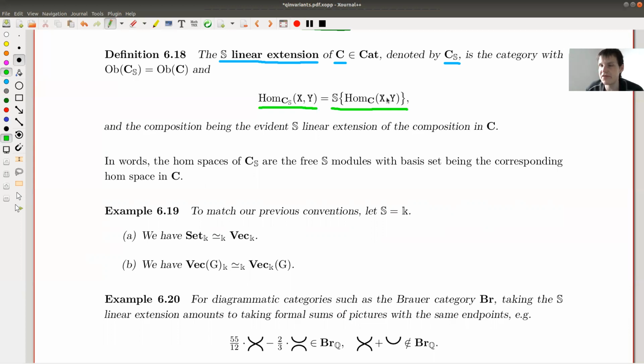Basically, for any morphism, you also define a morphism which has a scalar in front. Right, that's what I write here. In words, the hom spaces are the free S-modules, vector spaces, whatever, with basis sets being the corresponding hom spaces in your starting category. And that's called the S-linear extension. Right? Take the hom spaces and add scalars. That's all I did. Nothing really fancy.